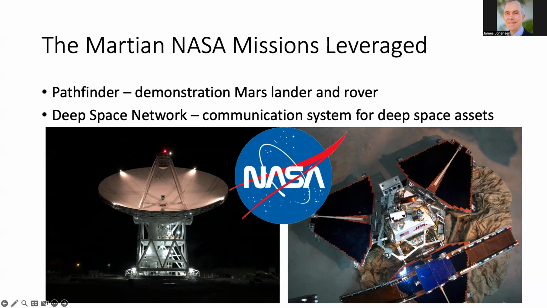And so you can see, even though it's notional in the future, we're working our way towards this. And so you can see that it's really tied in some missions. And so I'm going to focus on some of those missions and show how that was a nice relationship that they built upon. First of all, they talked about the Pathfinder, which was a demonstration, low-cost Mars lander and rover.